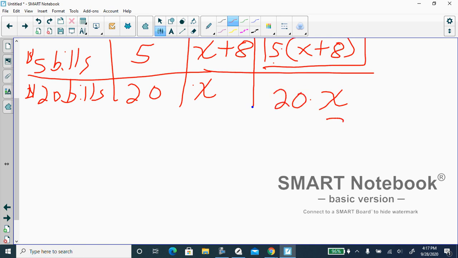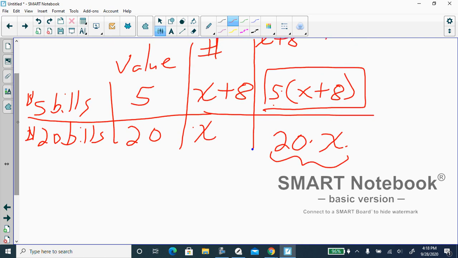For example, if we have 3 $20 bills, 20 times 3 will tell us the amount of money. If we have 7, 20 times 7 will tell us the amount. So 20 times how many we have is the amount of money from $20 bills. 5 times how many we have tells us the amount of money from $5 bills.